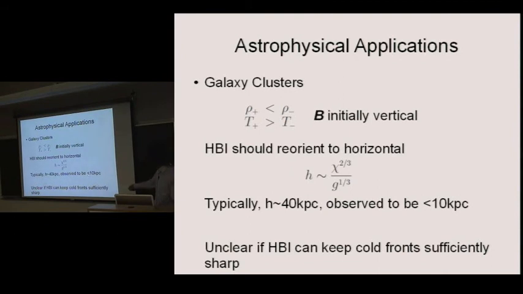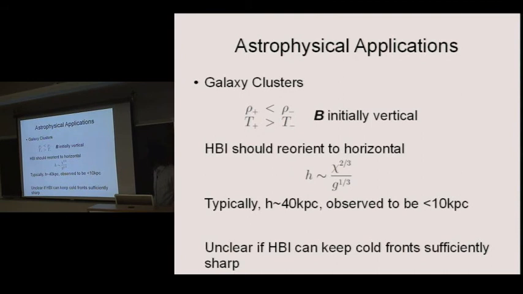However, they are observed to be less than 10 kiloparsecs. And you could ask, well, how could that be? One thing is that the magnetic field might not start off vertical. It might actually start off fairly aligned with the interface. In that case, the conduction, being anisotropic, would keep the layer fairly thin.